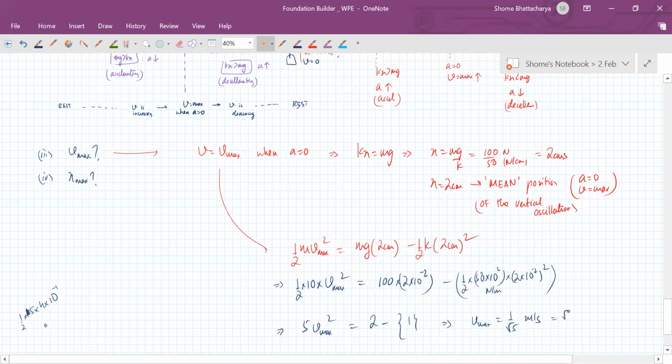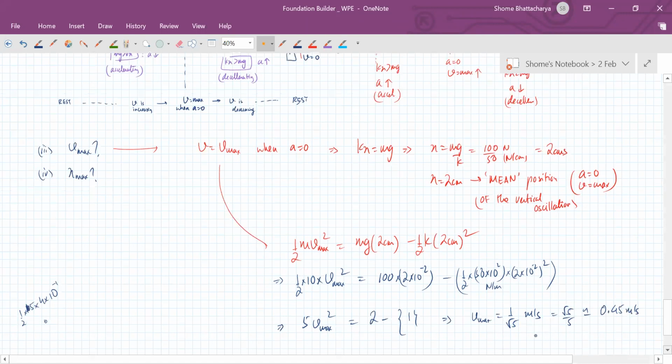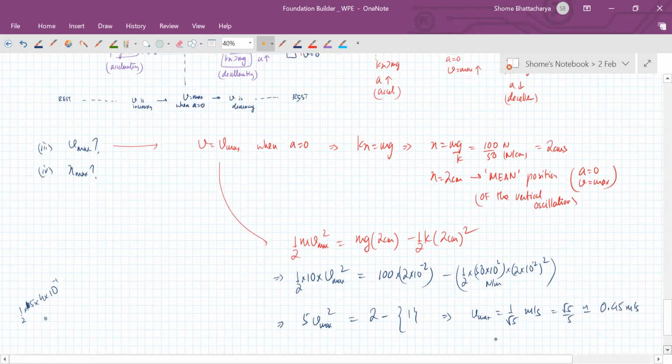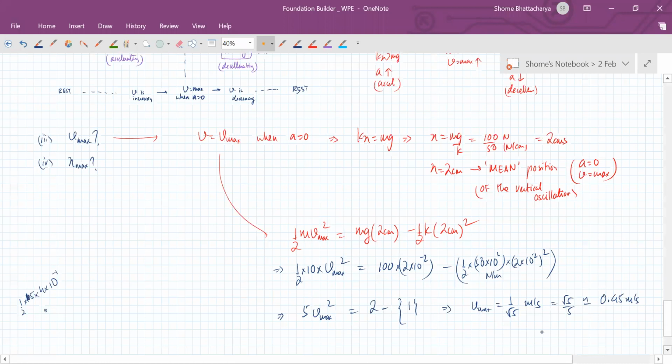Okay, so that is root 5 by 5, or approximately the maximum speed is nearly 45 centimeters per second.